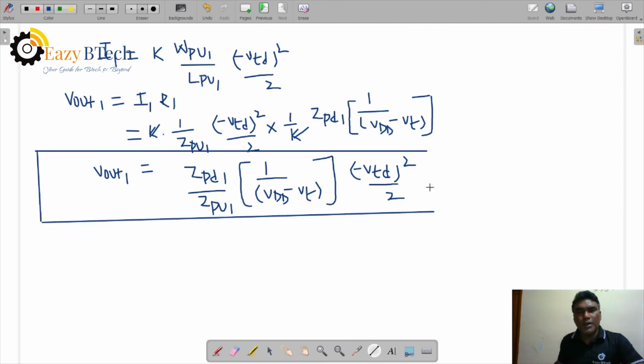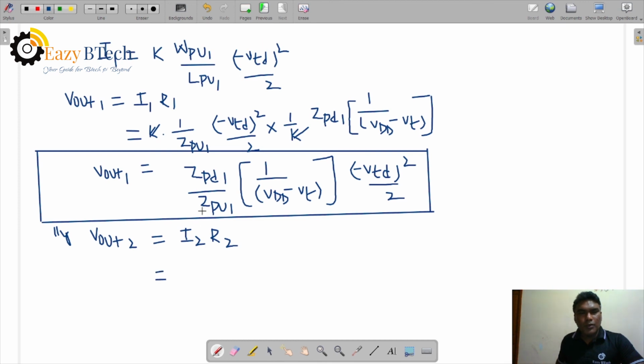Similarly, we can find out V out 2. V out 2 is equal to I2 into R2. So I can write it from the V out 1.